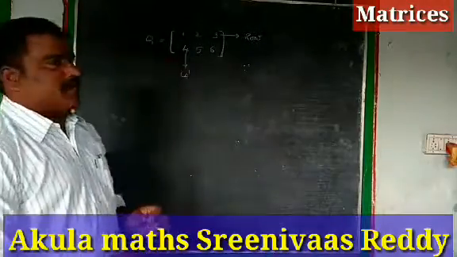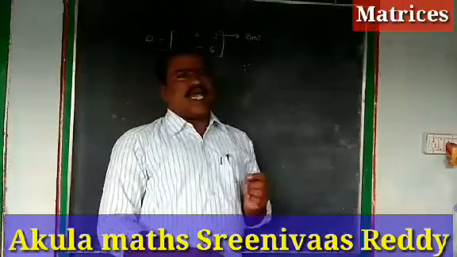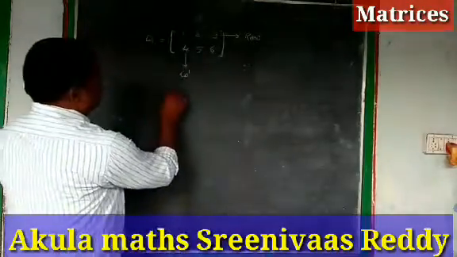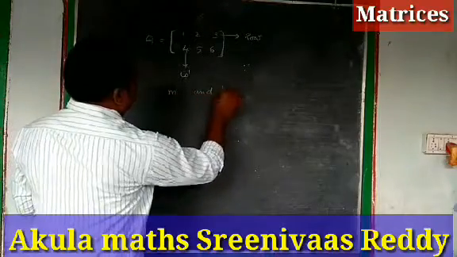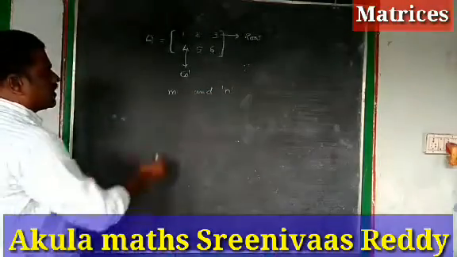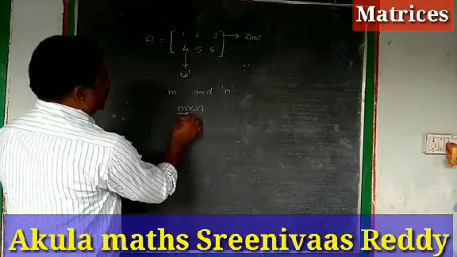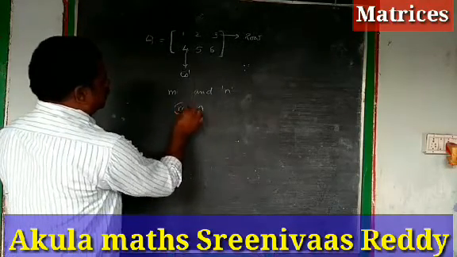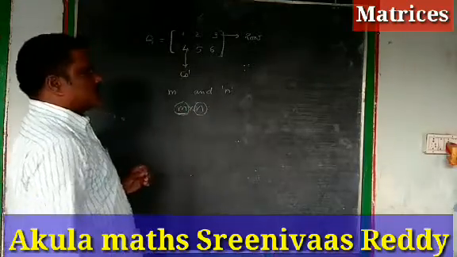Order of a matrix: if a matrix has m rows and n columns, then the matrix order is m by n. Here m denotes the number of rows and n denotes the number of columns.